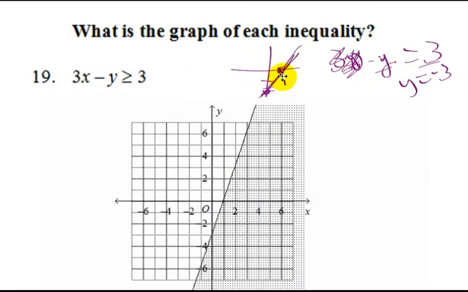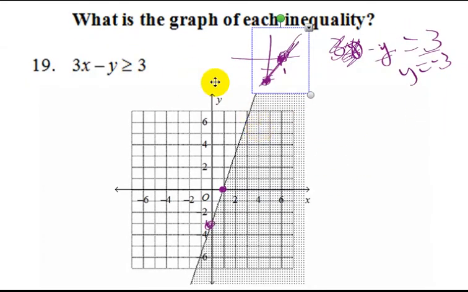So what we need to do, we've got our boundary line right there, and here's the actual graph down here, and there's the 1 that I graphed up here, and there's the negative 3. Now we need to pick a test point, and I always say to pick 0, 0, right?